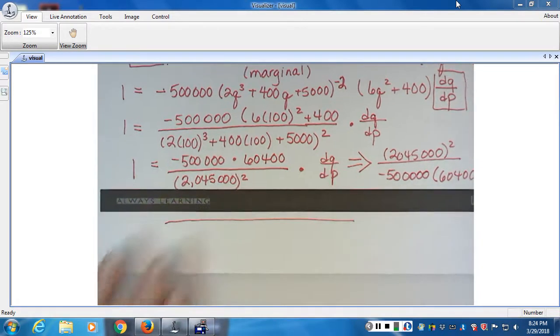No, because I'm flipping it. I'm just flipping it. I'm not moving it. I'm flipping the whole fraction so that instead of dividing by the fraction, I'm multiplying by the fraction. Okay?